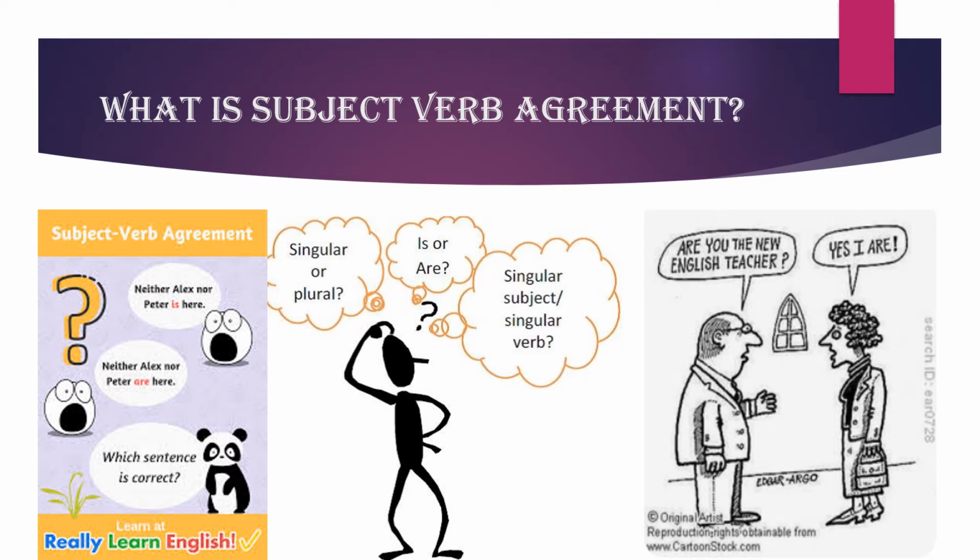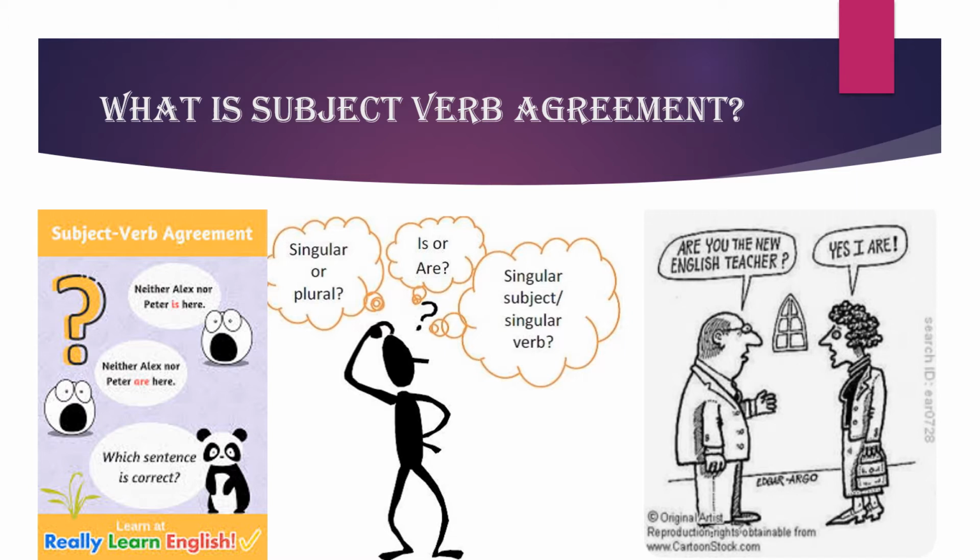That means it's a singular entity here. Alex is singular, Peter also is singular. With the singular subject, we will always have a singular verb. That means of the verbs is and are, we'll be using is because is a singular verb whereas are is used with the plural. So neither Alex nor Peter is here will be the correct statement.